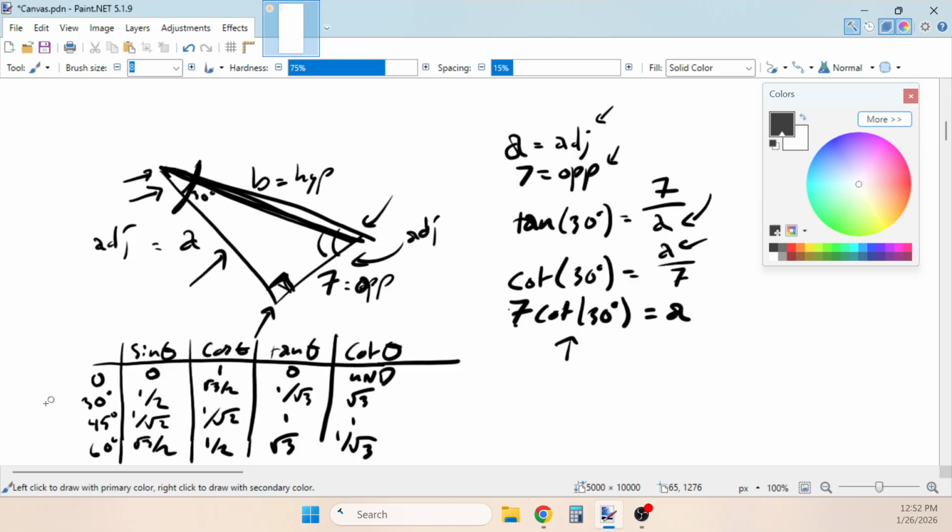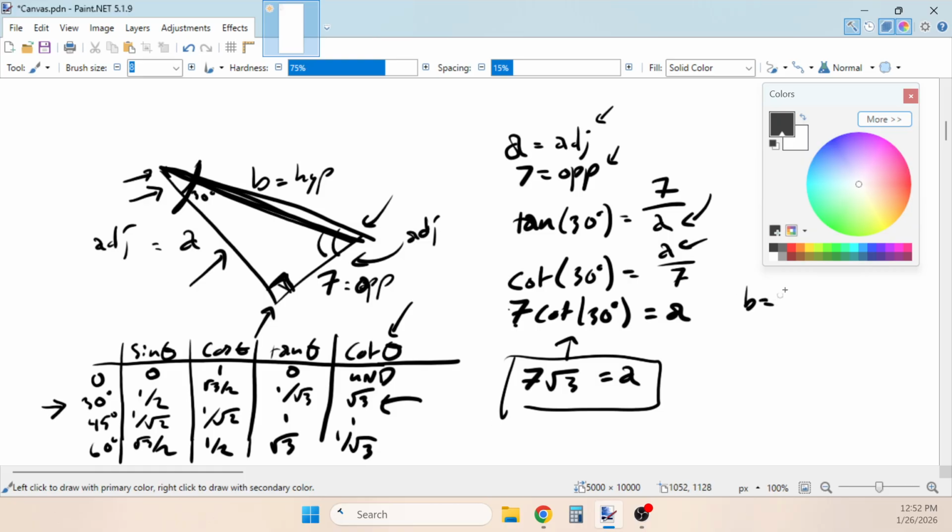We see that at 30 degrees, cotangent is 7. For B, is the hypotenuse. We still have 7. What trig functions have a hypotenuse?